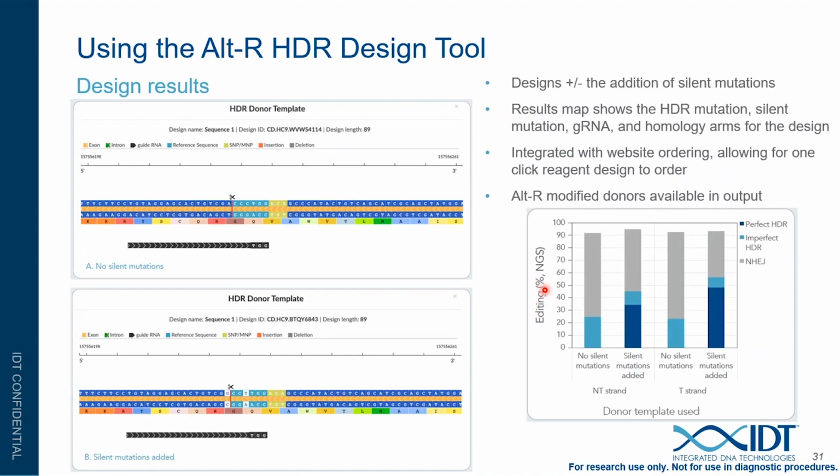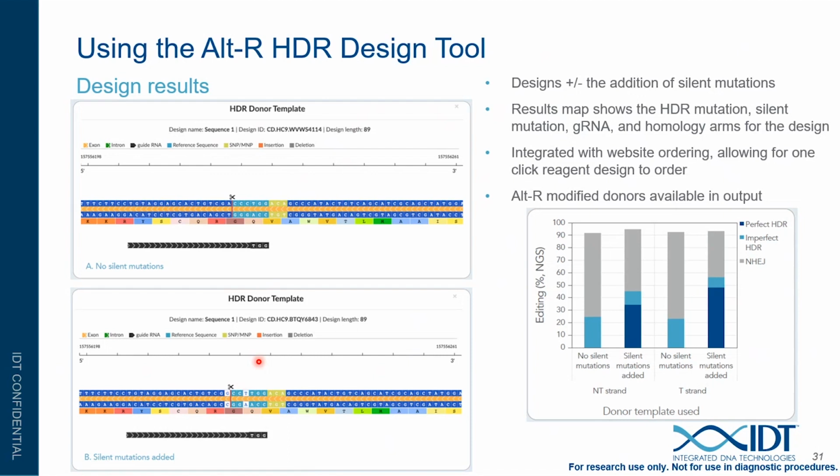And then in terms of designs, it will generate a list of donor and guide combinations. So you can see these are visualized here. In our example, we're including a design that does not have any silent mutations added versus one that does have silent mutations added.